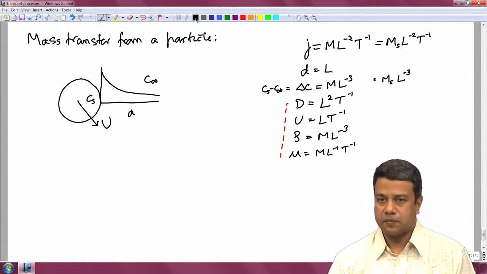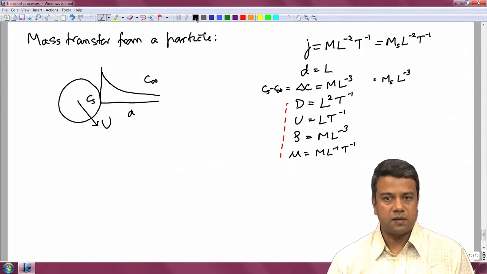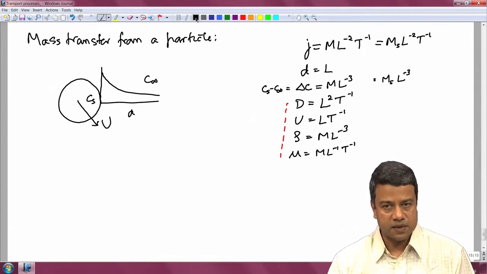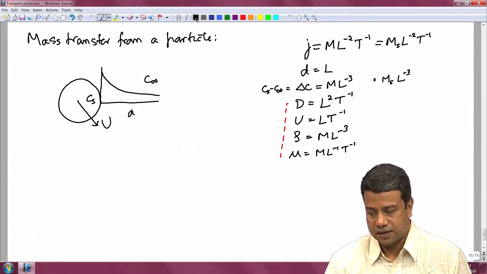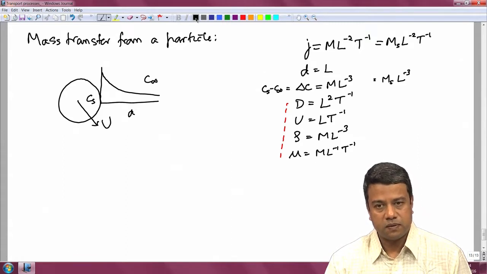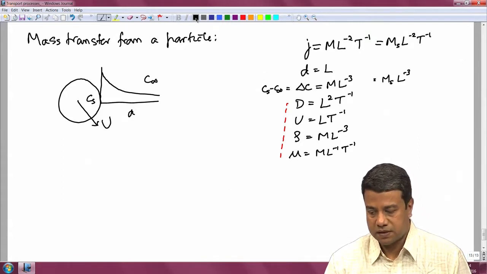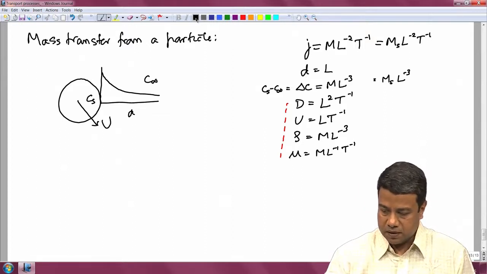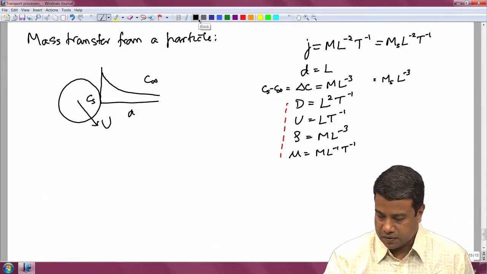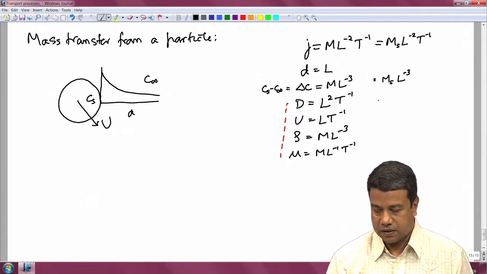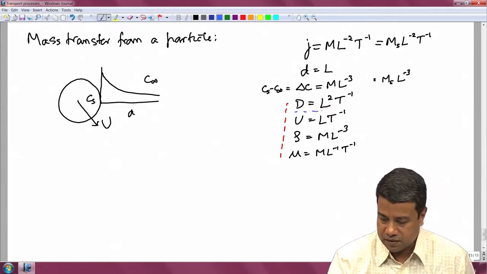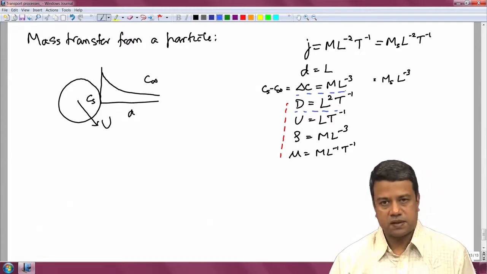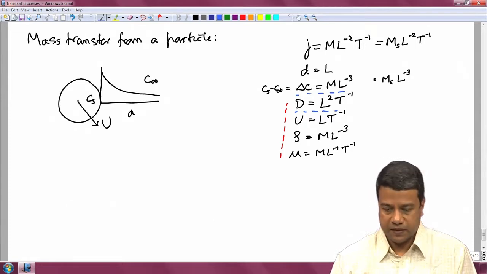One is the dependent dimensionless group. The dependent dimensionless group in this case is a non-dimensional flux. The non-dimensional flux has dimensions of mass of solute, length and time, and that has to be combined with quantities which are related to mass transfer. So quantities related to mass transfer are the diffusion coefficient, the concentration difference, and of course the diameter of the particle.